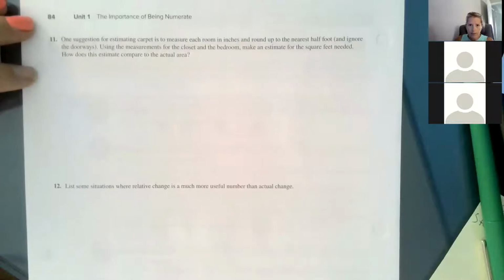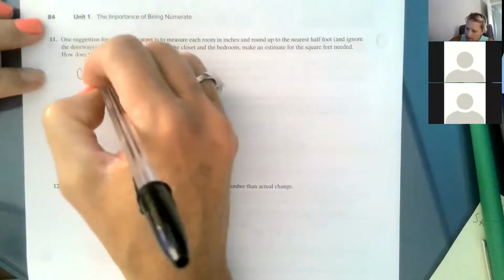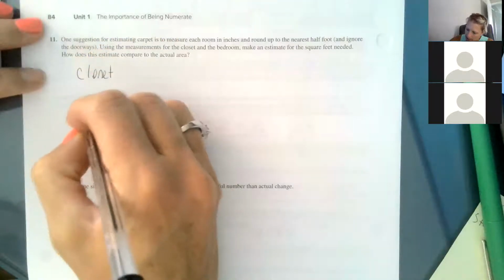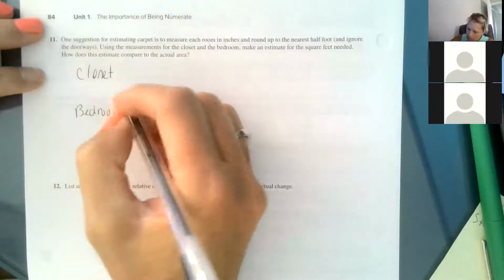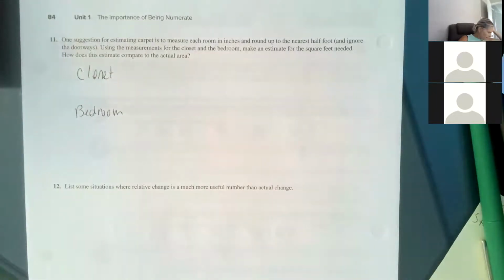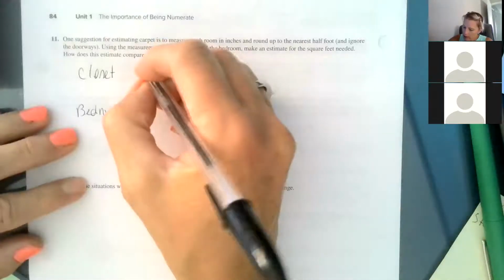So they said to use the closet and the bedroom. So let's do the closet first. We said it was 3,200 square inches, right? Yep.